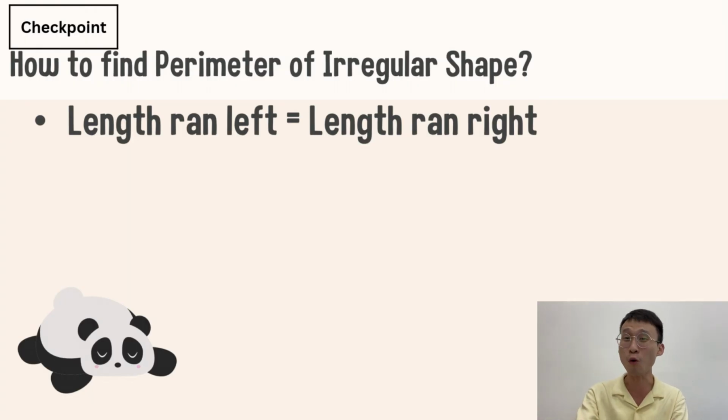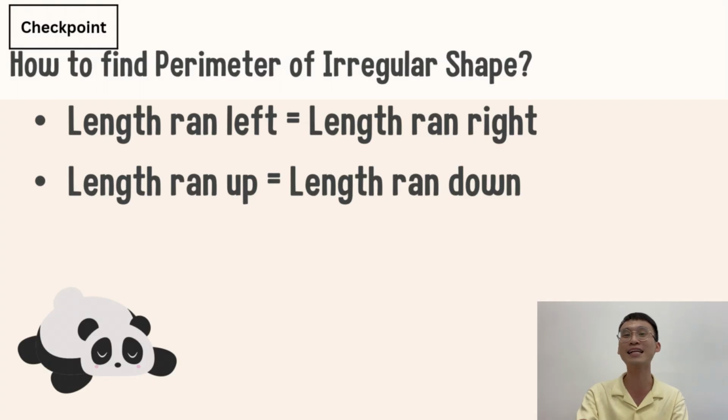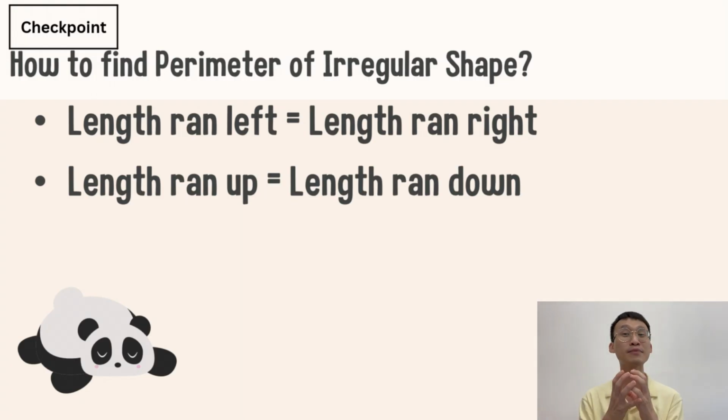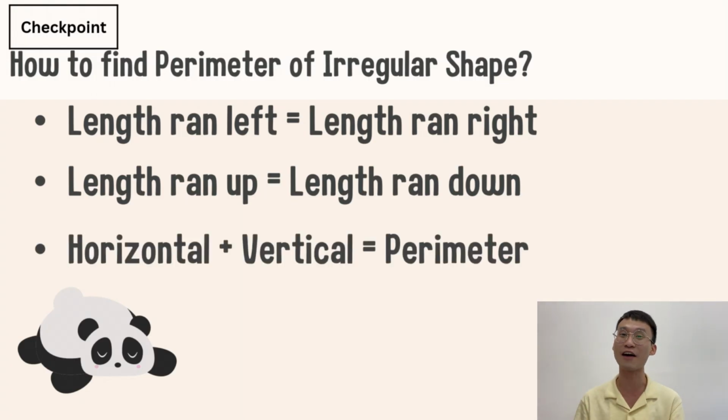Again, they are equal as well. Finally, how can we calculate the total length covered? Very good foundation. We can just take both the total horizontal and vertical length and sum them up to get the total length covered around the outline, which is also the perimeter.